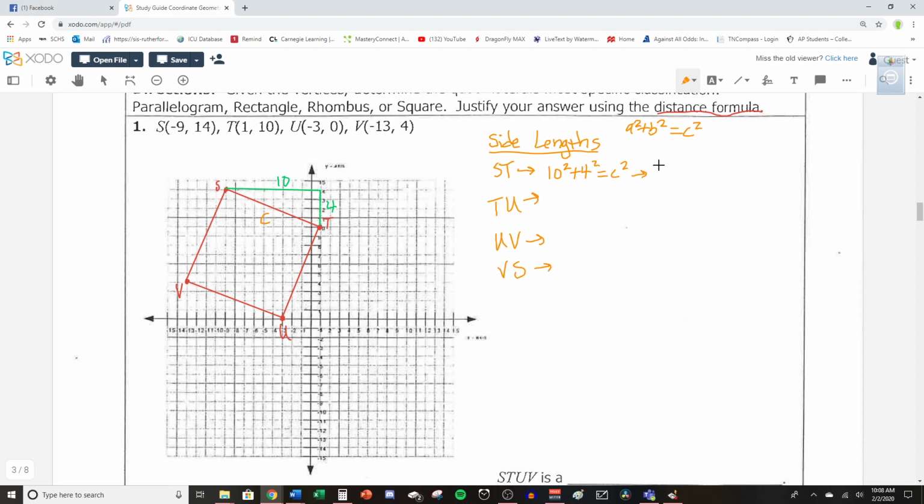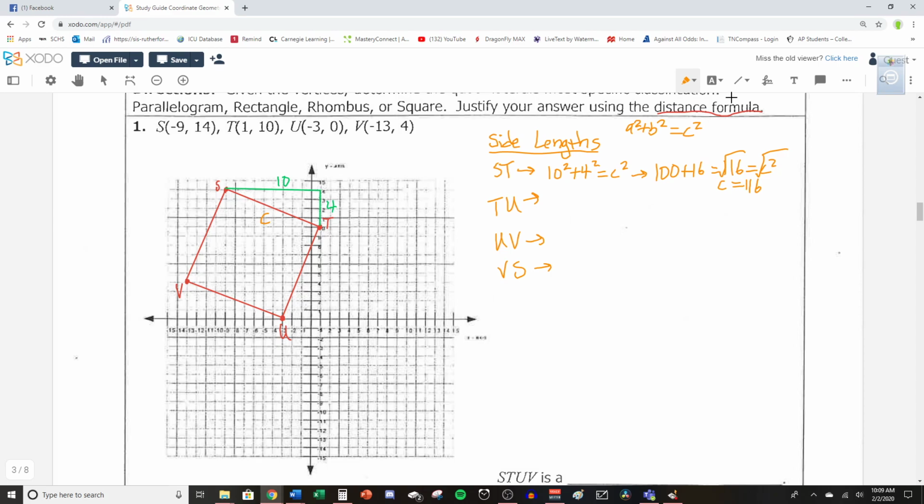If we wrote this up, this would be 100 plus 16, which is going to equal 116, which equals c squared. To get our length, we're going to take the square root, and that's not a perfect square, so we're going to say that c equals the square root of 116.